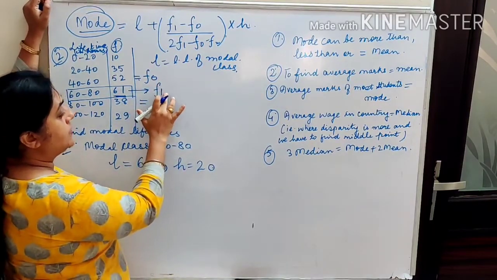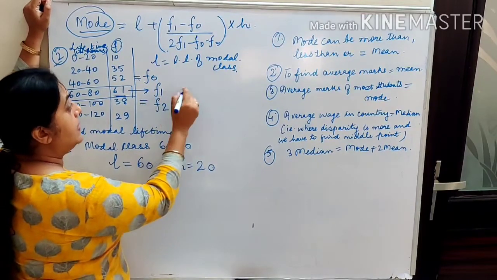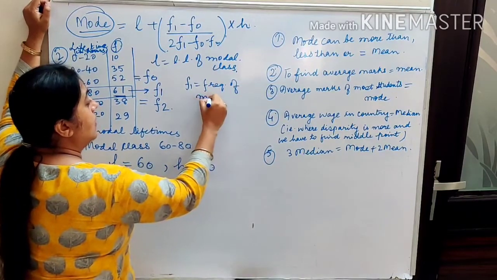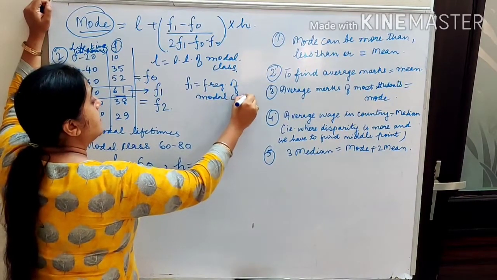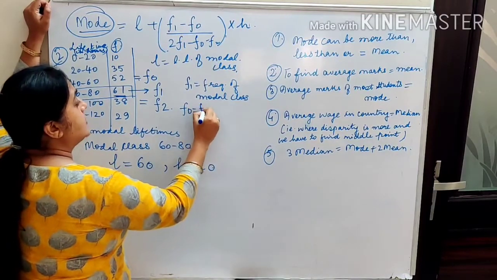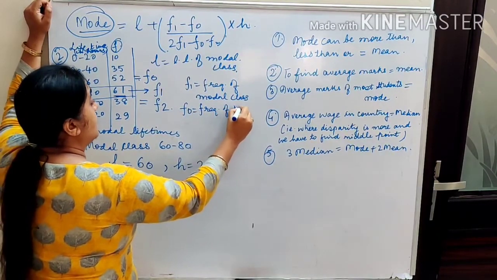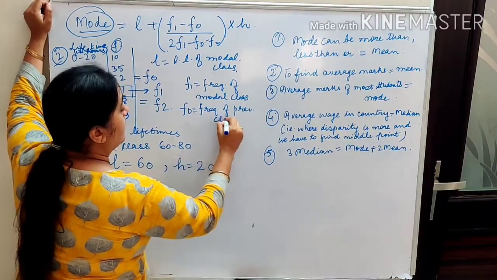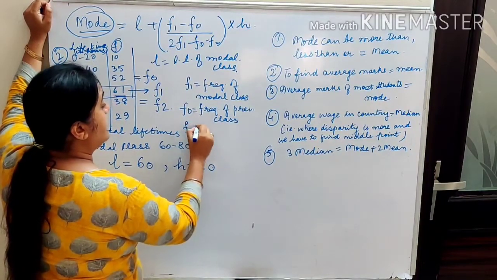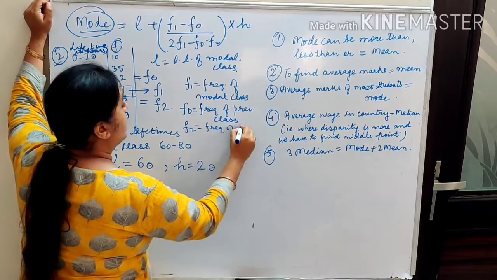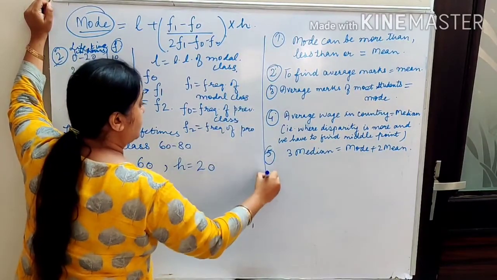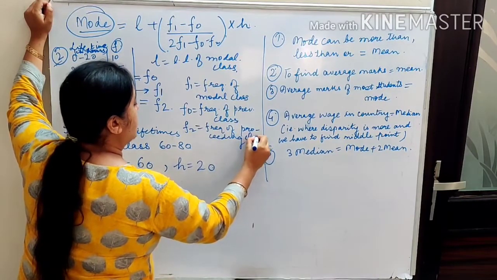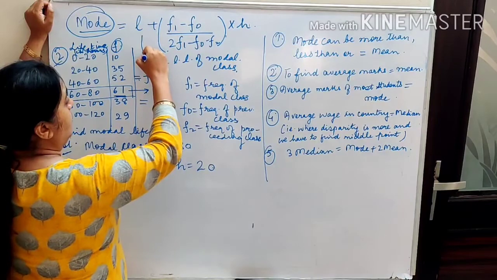F1 is the frequency of the modal class, F0 is the frequency of the previous, preceding class, and F2 is the frequency of the proceeding class.